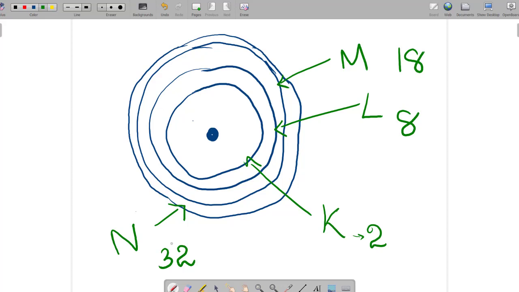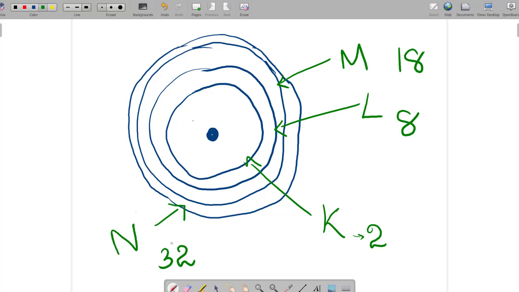There are more elements in the periodic table, about 118, but at the basic level we are not going to learn about the other elements. In this set of videos, we will pay attention only to the first 20 elements.